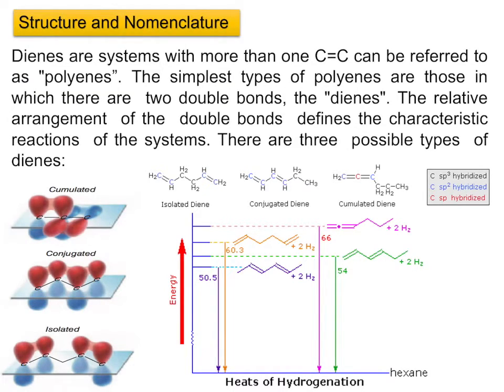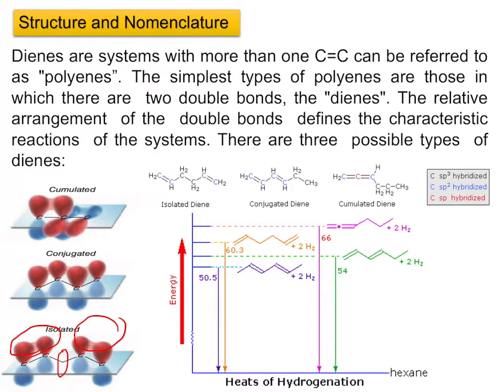Basically, their chemical structure is similar to alkene, apart from having 2 double bonds. It means 2 pz orbitals, 2 couples of pz orbitals have overlapped together and formed 2 double bonds. As you can see here, from the down right side of the picture, you see a double bond and another double bond.